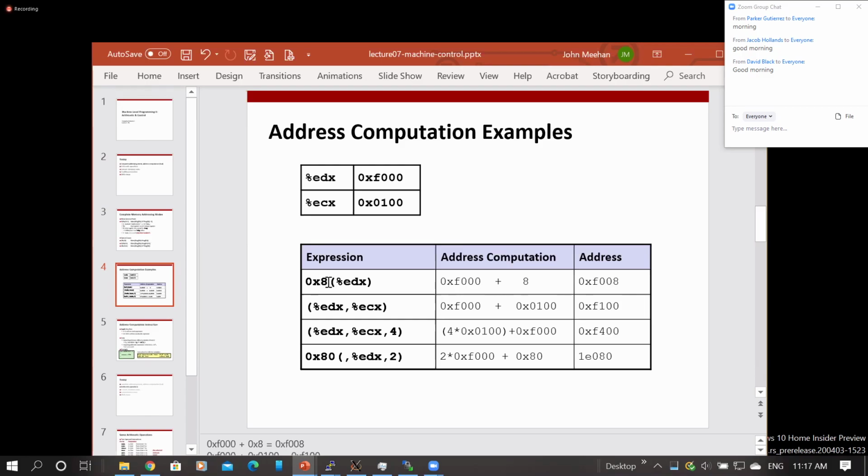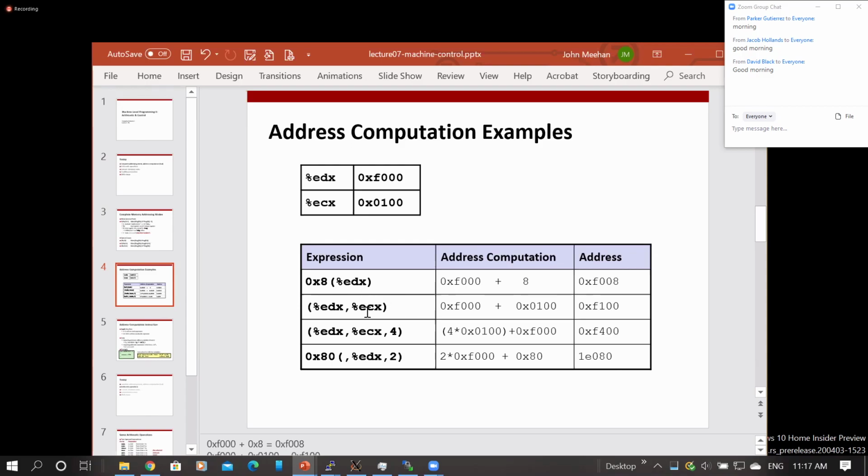Of course, it'd be the same in this case if it was hex or decimal. So take the EDX register and add 8 to where that points in memory. So the address that you come up with is F008.